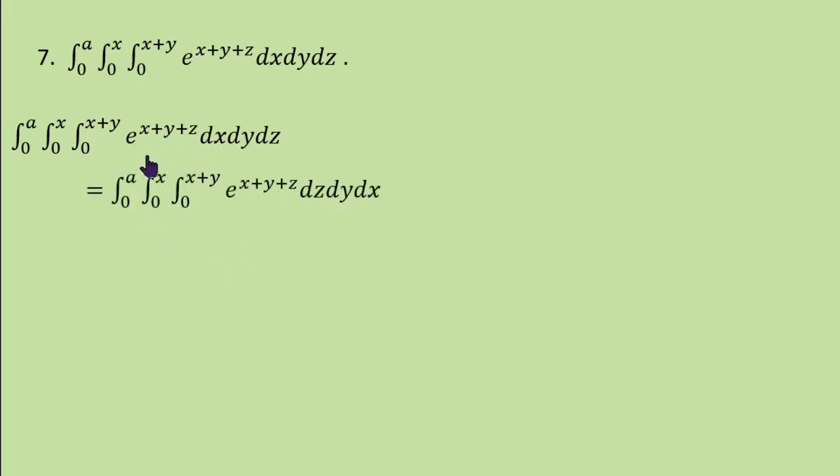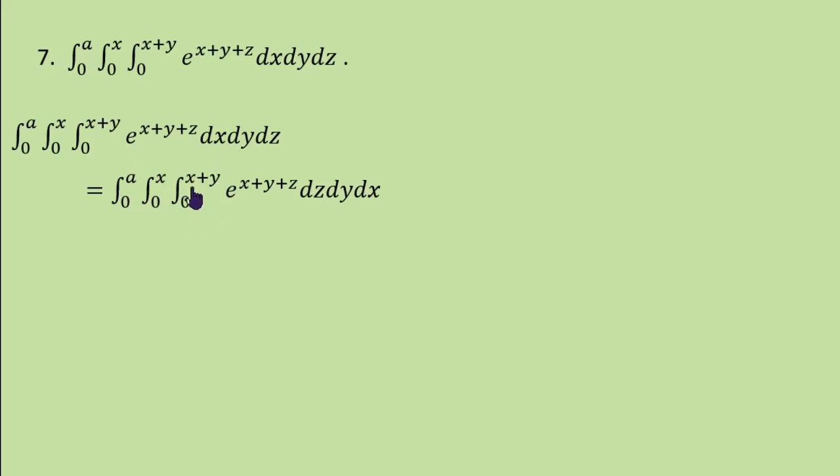Therefore, the order is first integrate with respect to z, and then y, and then x. Here, the limits are variables, therefore, be careful in this case. Check the order of integration. The last one, 0 to a, 0 to x, 0 to x plus y.